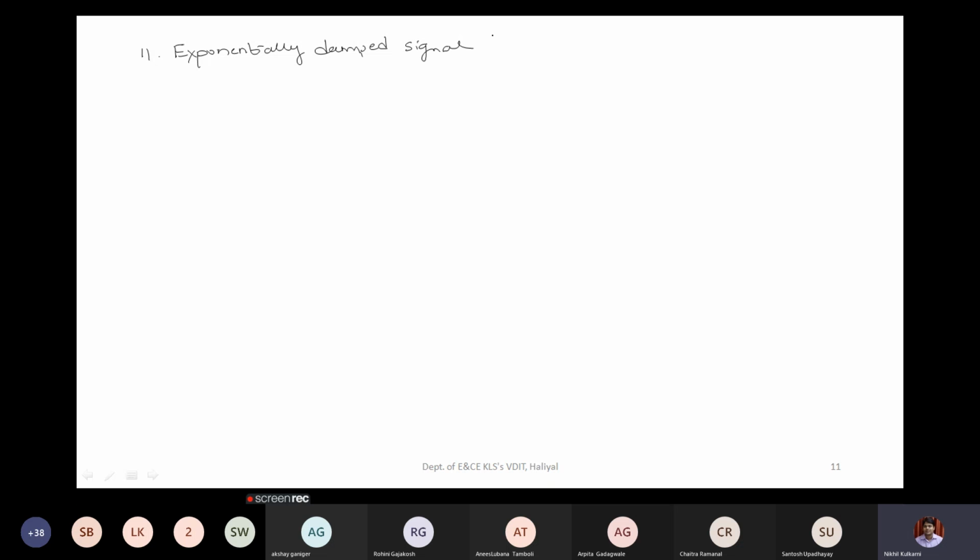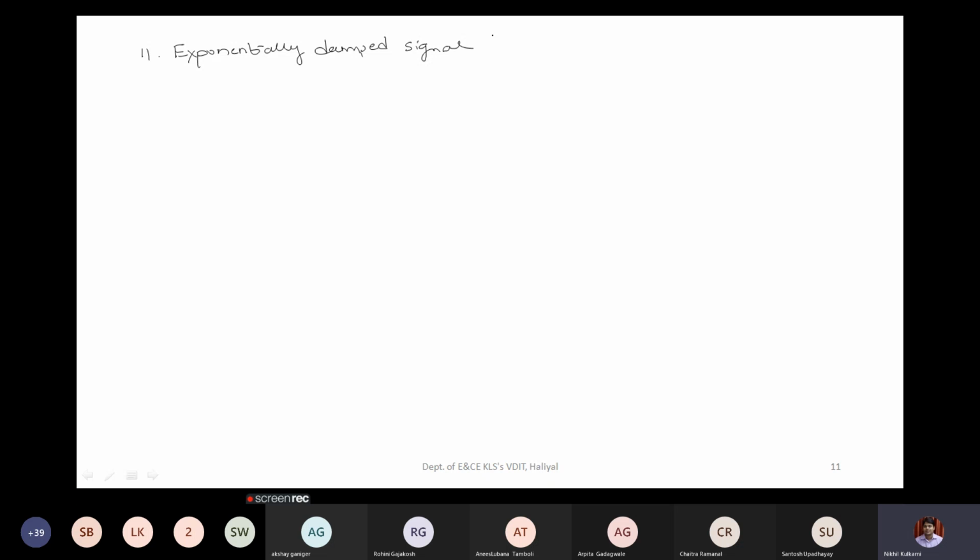So what do you mean by exponentially damped function or signal? Any idea about exponentially damping?